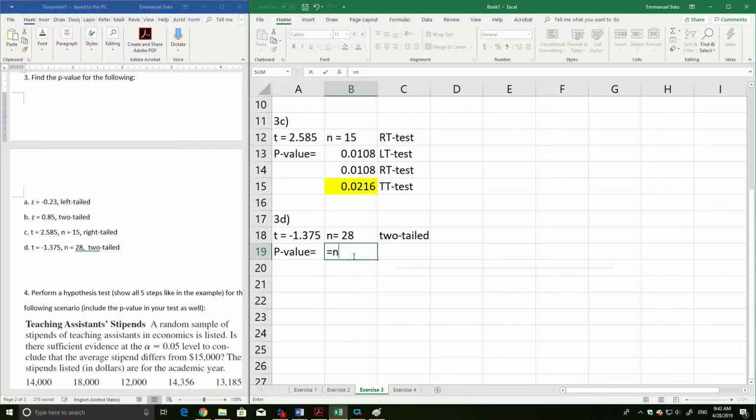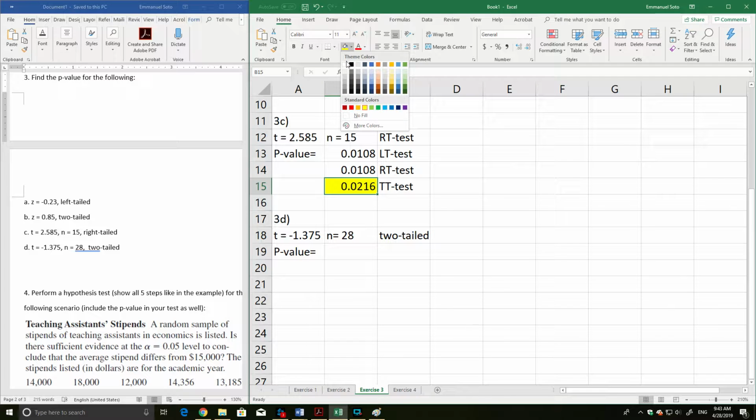So equals, and then type in your function. And we want a two-tailed test, or, oh, actually, I'm sorry, guys. 3D was a two-tailed test, so this is not the answer to that. Apologize. We want to do a right-tailed test, so this will be the answer. There you go. This one, they want a two-tailed test.